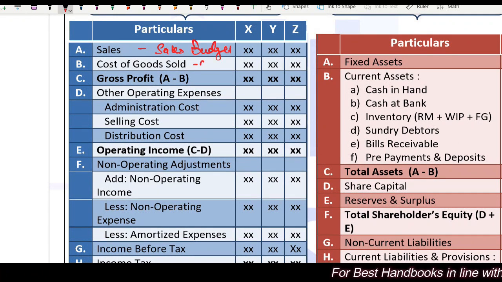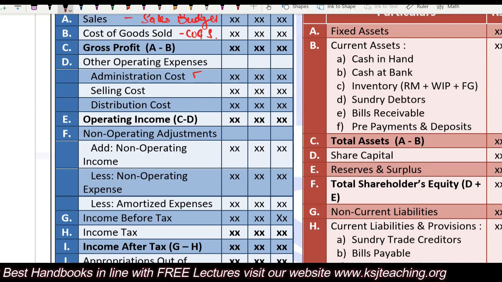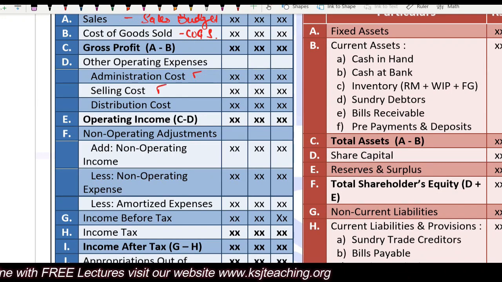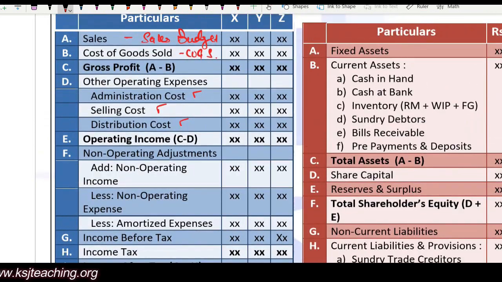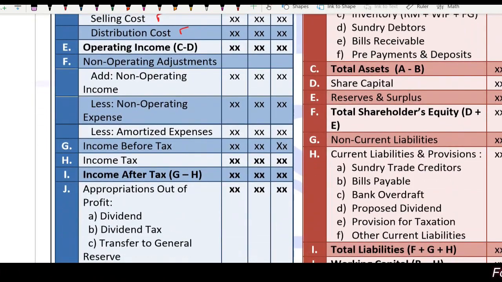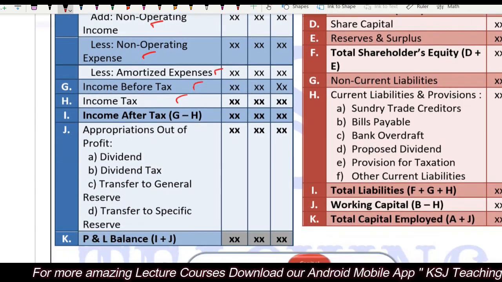Cost of goods sold, we prepare the COGS budget, isn't it? Gross profit, other operating expenses, administration cost, administration budget, selling cost, selling and distribution budget, distribution cost, again selling and distribution budget, operating income, right? Gross profit minus operating cost, non-operating adjustments, add non-operating income, less non-operating expenses, less amortized expenses, income before taxes. You will subtract the income tax and get income after taxes.